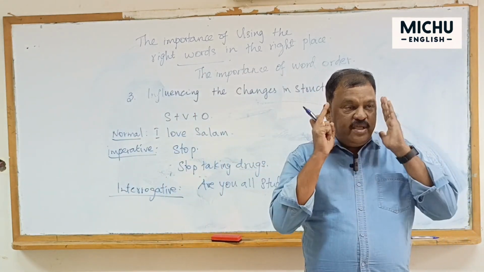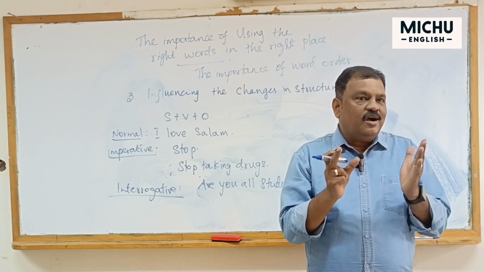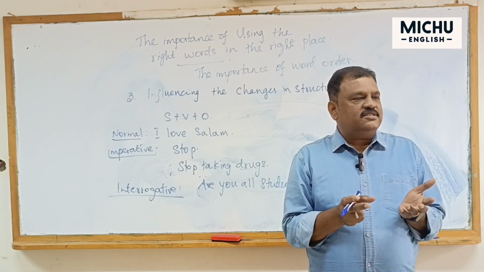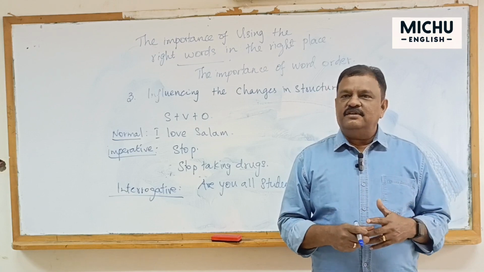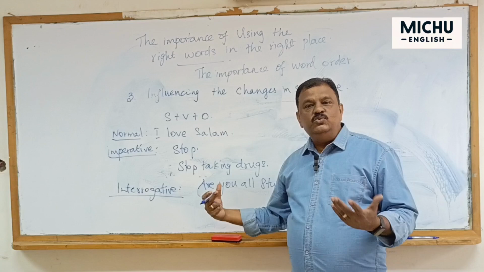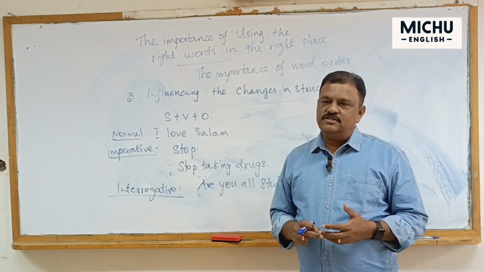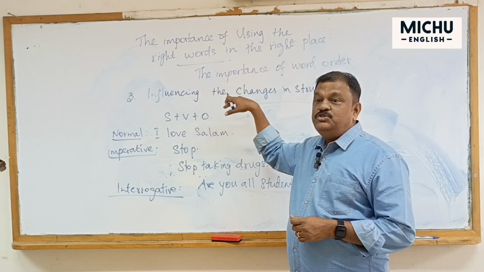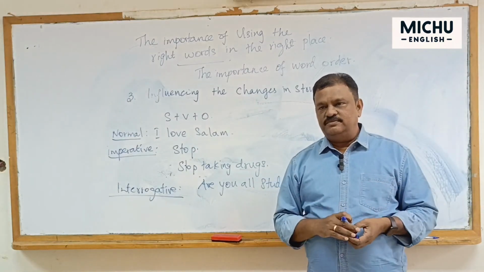Without knowing how to put the words in the right order, without knowing the exact purpose of writing, if you start writing, you will lose the pattern of the sentences, the structure of the sentences. It will influence the change in the structure.